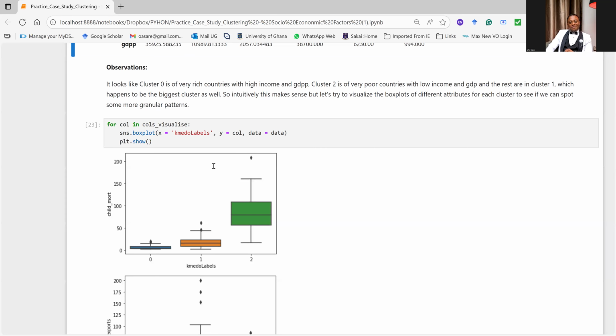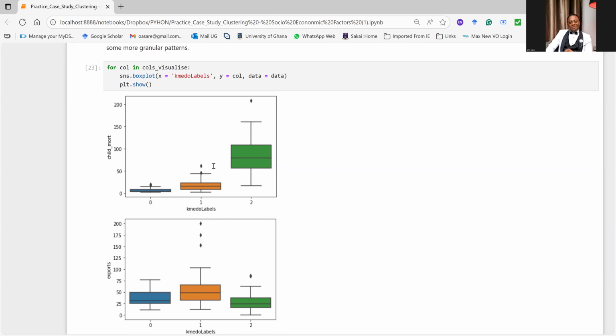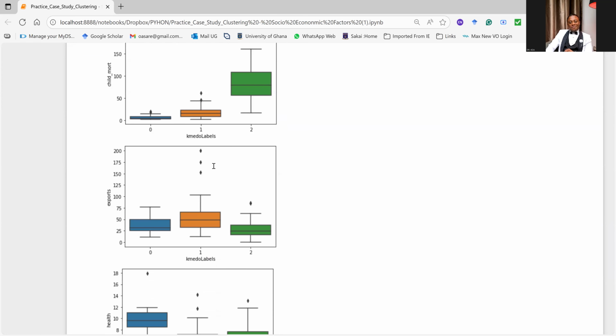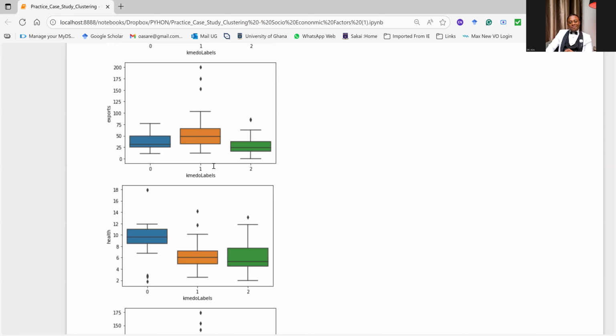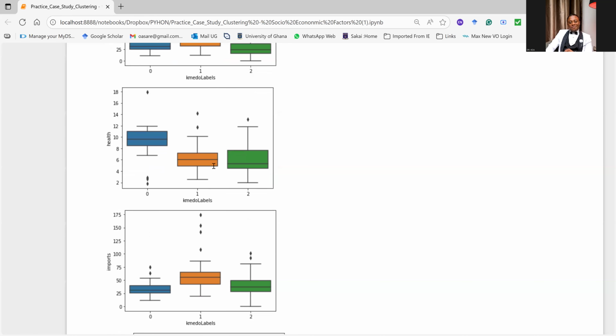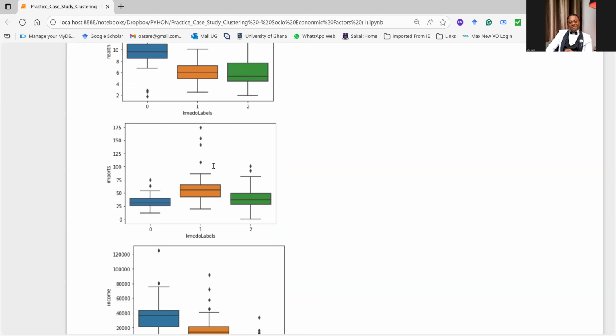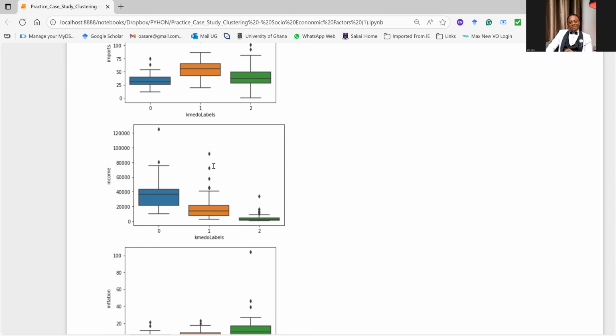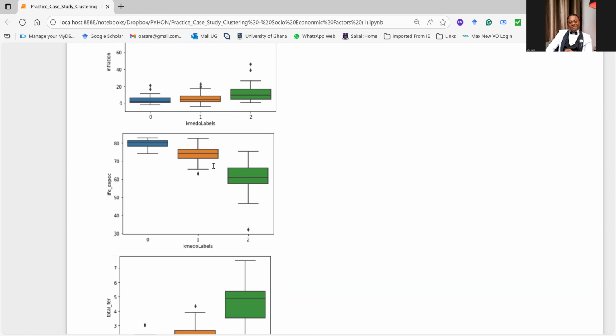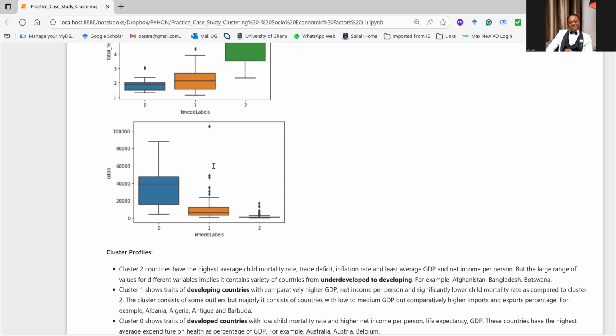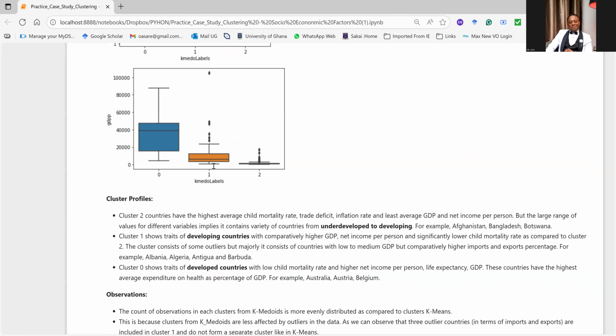So group 2 has high child mortality, low export, low health, low imports, low income, low life expectancy, everything the opposite of the previous one.